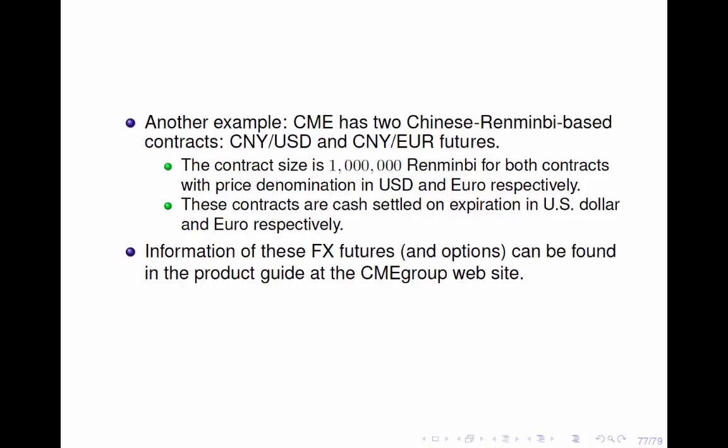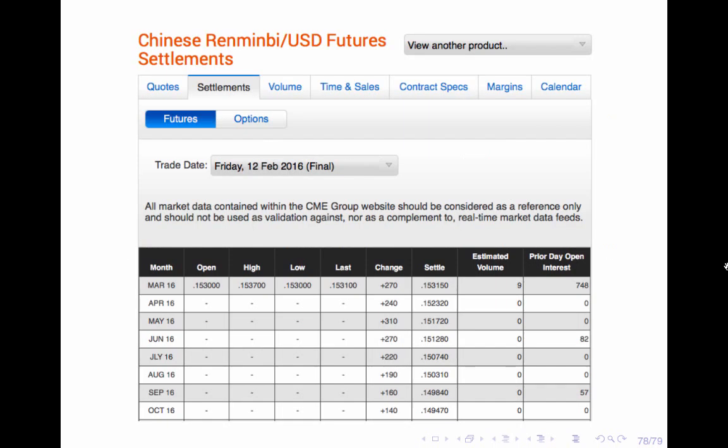More information on these foreign exchange futures or options can be found in the product guide at the website of the Chicago Mercantile Exchange Group. This is the screenshot of the final settlements for the Chinese renminbi over US dollar futures at the end of February 12, 2016.